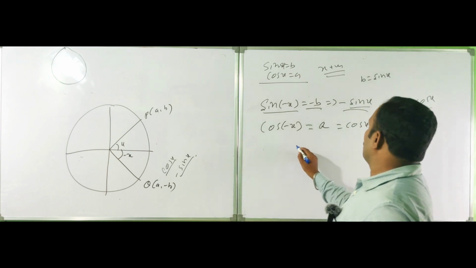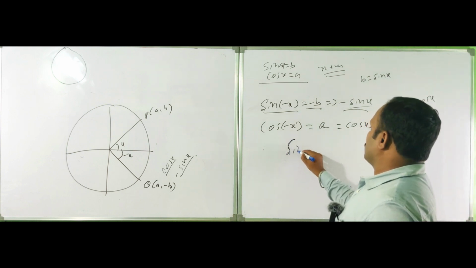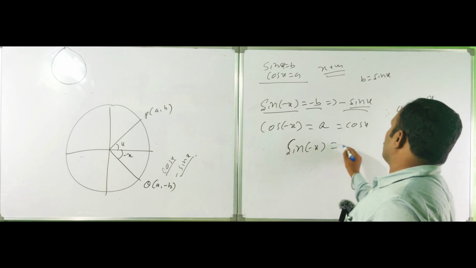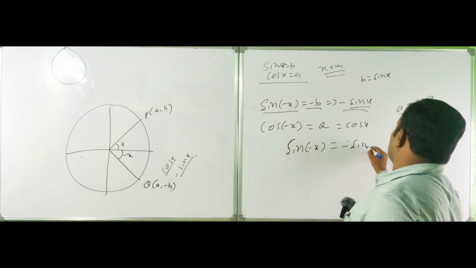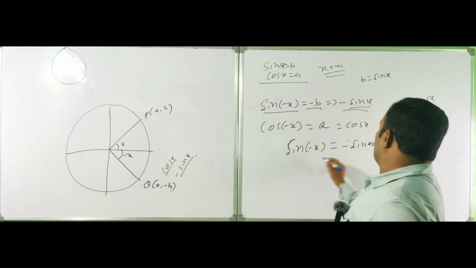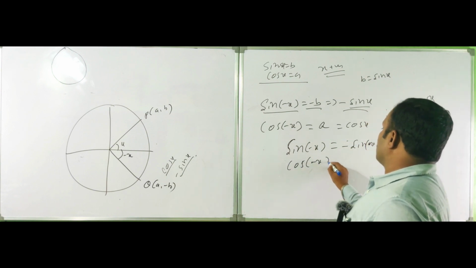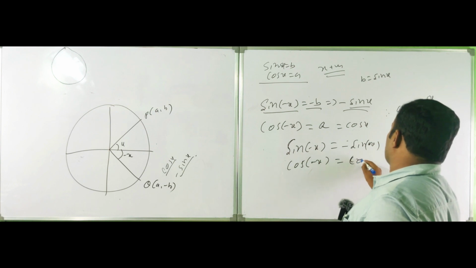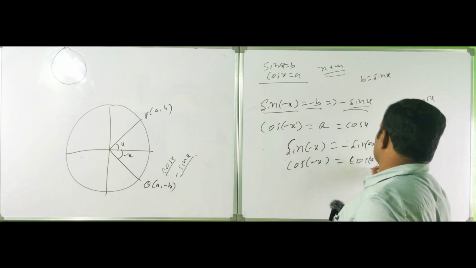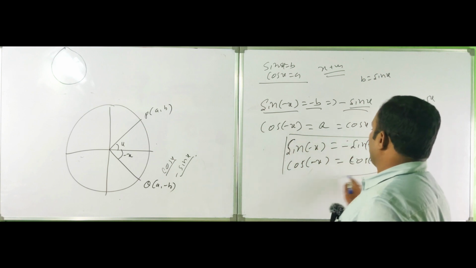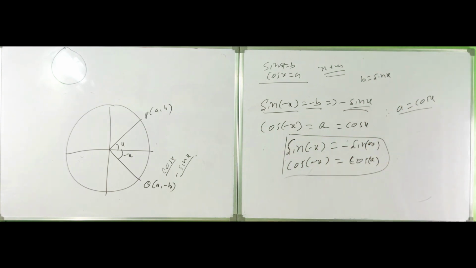Therefore, sin of minus x is equal to minus sin x, and cos of minus x is equal to positive cos x. These two are very important.